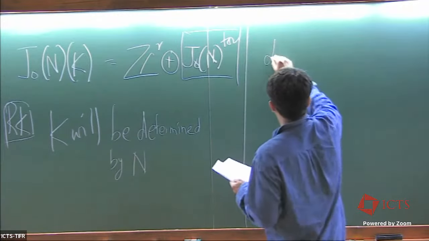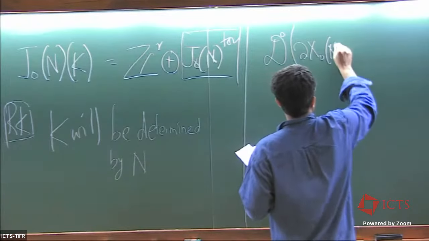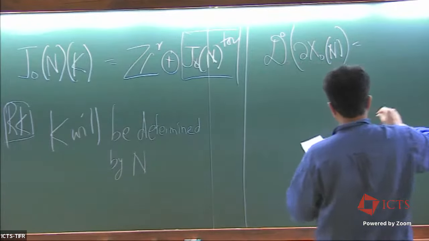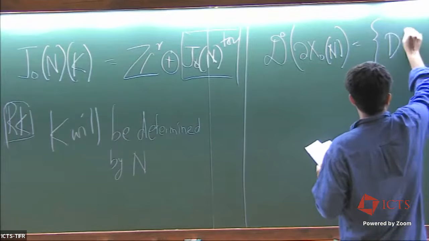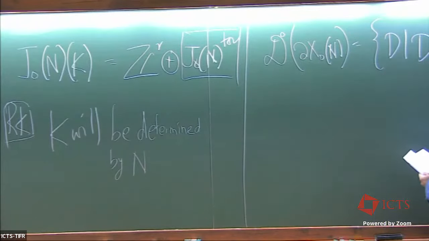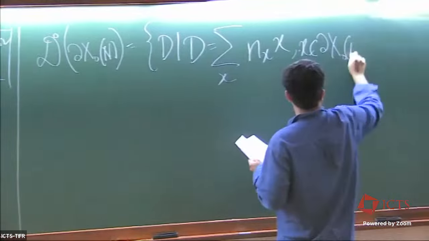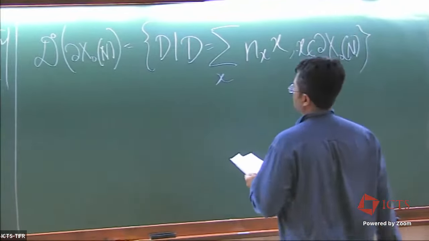So you have divisors D, sums of points x where x belongs to the cusps of X_0(N).